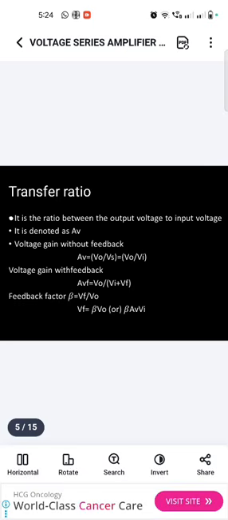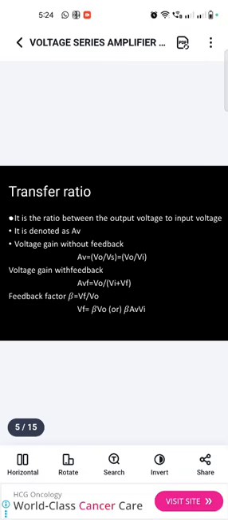Okay, if we use feedback, what happens? The term Av becomes Avf. Okay, Avf is equal to V0 divided by, now what is the input? The input consists of input as well as feedback, right? That's why we can add this term Vi plus Vf.